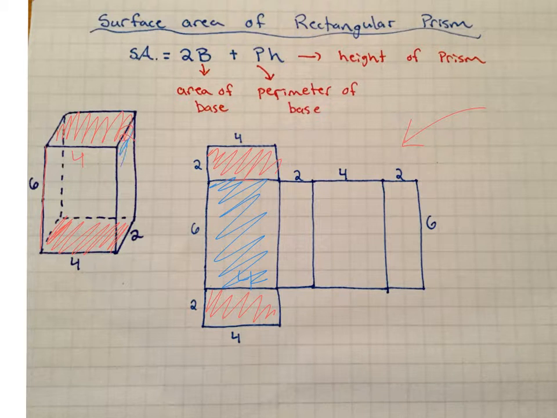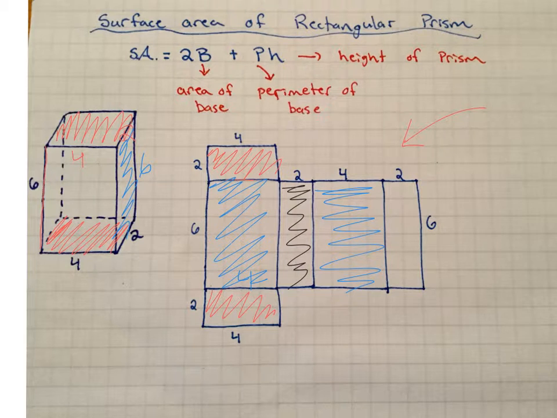These sides are only 2 by 6, so I have a 2 by 6, another 4 by 6, and a 2 by 6. That represents all of the faces of my rectangular prism if they were unfolded lying flat. Now I'm going to find the area of each rectangle and add them all up.